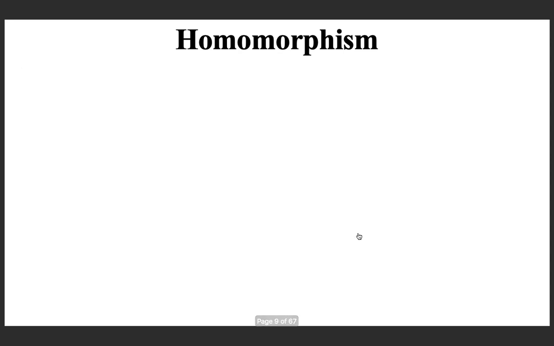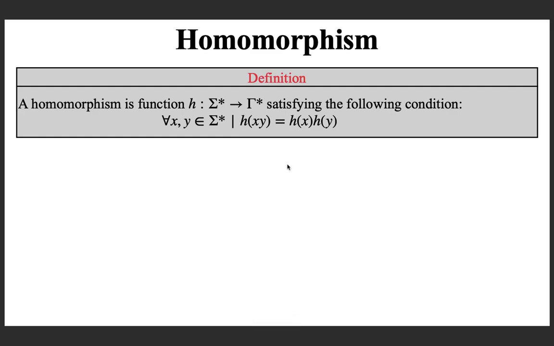Now we can look at the formal definition of homomorphism. It is a function mapping strings of one alphabet set to strings of another alphabet set, satisfying the following condition. And what is the condition? For all strings x and y in the domain of the function, the homomorphic image of x concatenated with y must be the same as the homomorphic image of x concatenated with the homomorphic image of y.